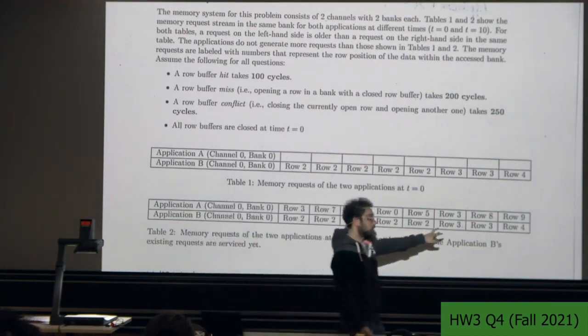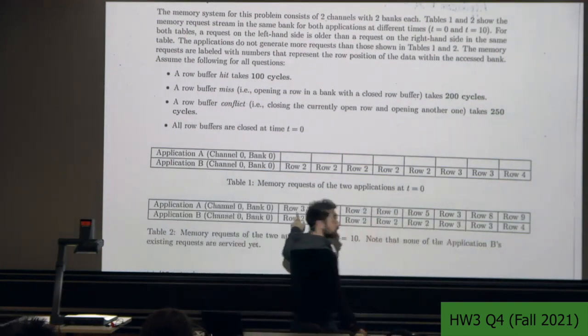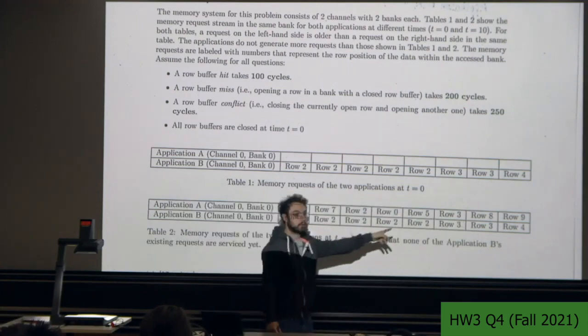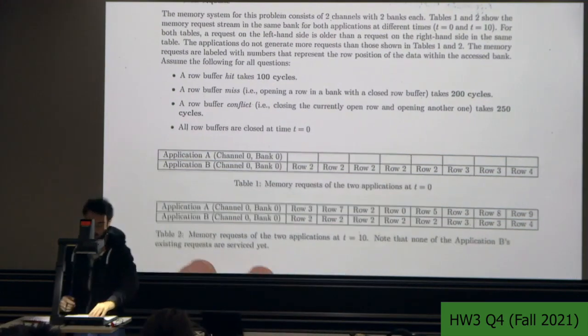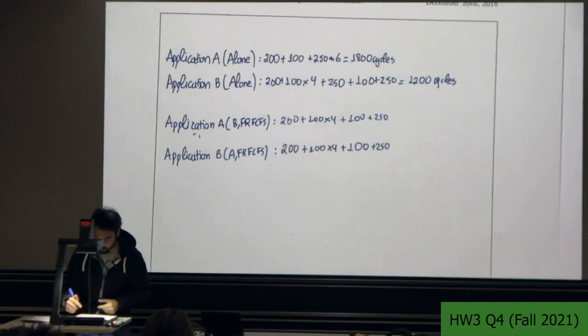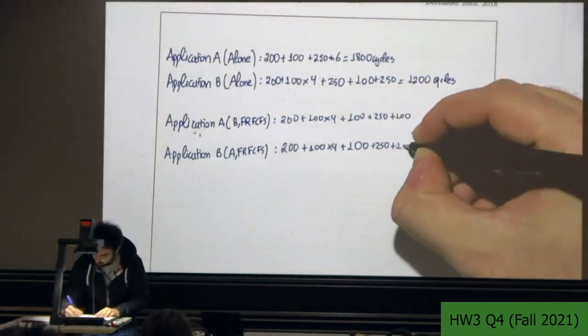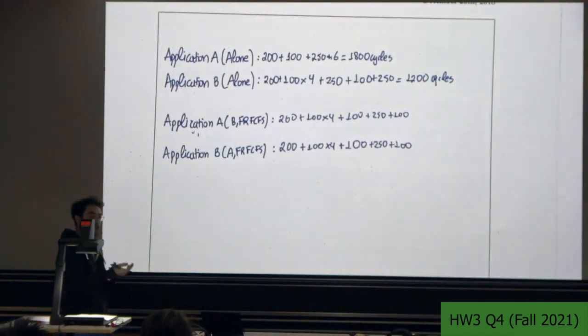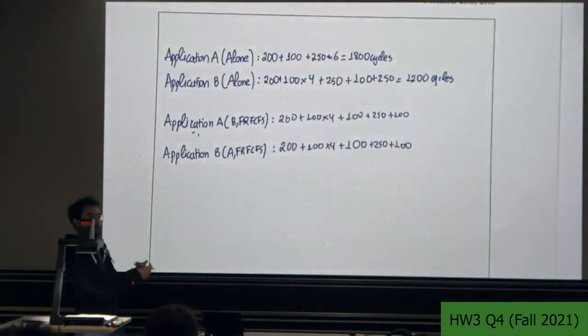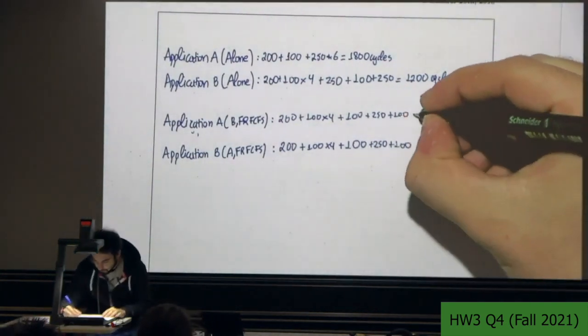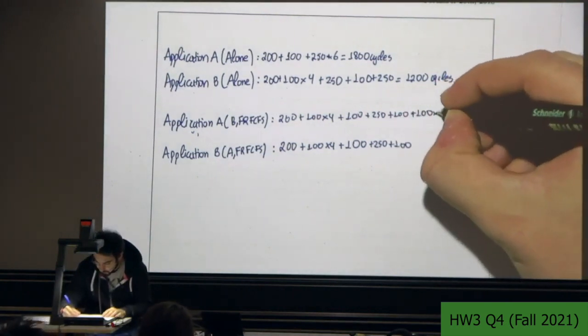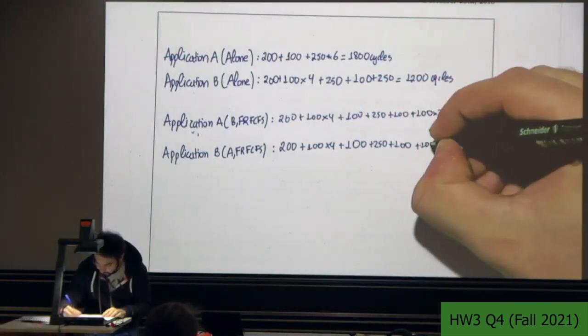Because we have row 3 here and 2 row 3s in application A, but this is older. So we need to pay 100 cycles more. And then we need to service the 2 requests from application A, which are in the same row, right? It's row 3. So 100 multiplied by 2, this is application A.